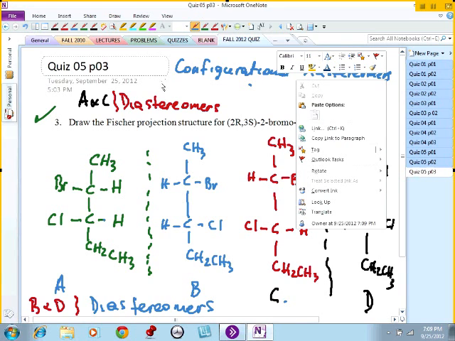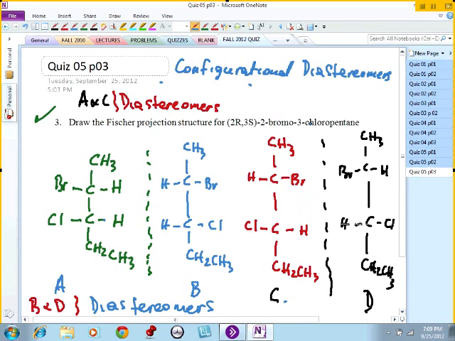They are diastereomers as a result of the fact that they have chirality centers and they are not mirror images. So now we know what diastereomers are, what configurational diastereomers are, and what enantiomers are. Enantiomers are stereoisomers which are mirror images that do not superimpose.